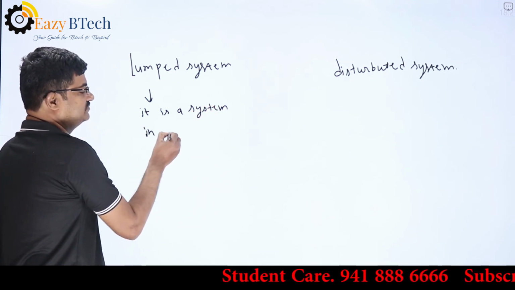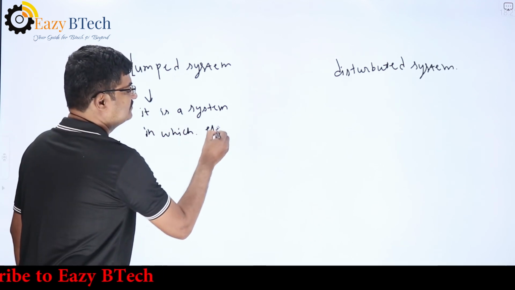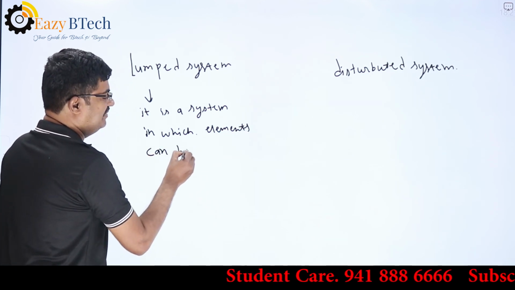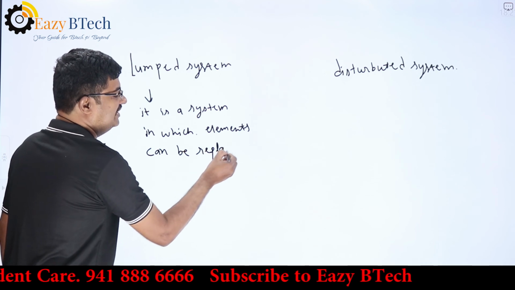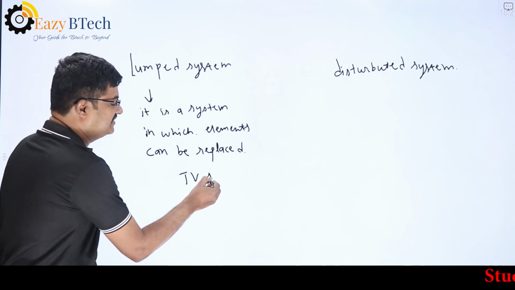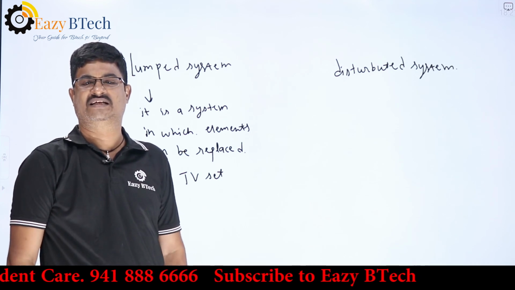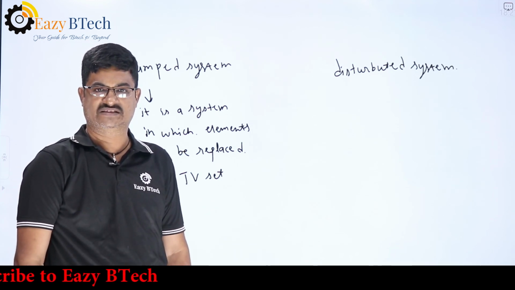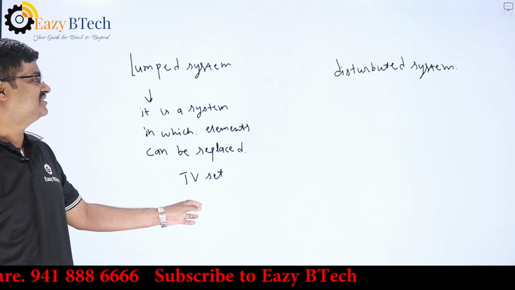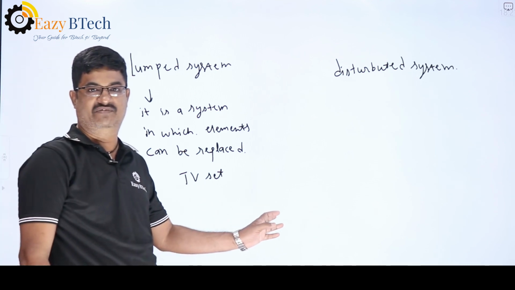A lumped system is a system in which the elements of the system can be replaced. The best example for a lumped system is a TV set. In a TV set, I will have a number of resistors, inductors and capacitors. If any of the resistor, inductor or capacitor is damaged, I can simply replace it.